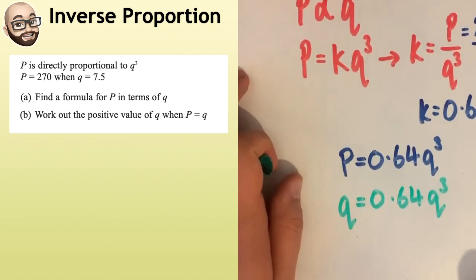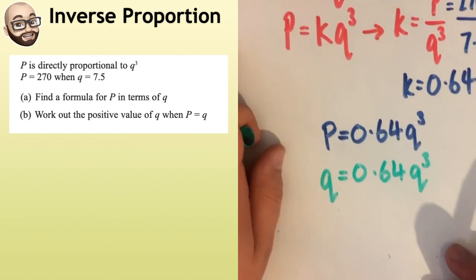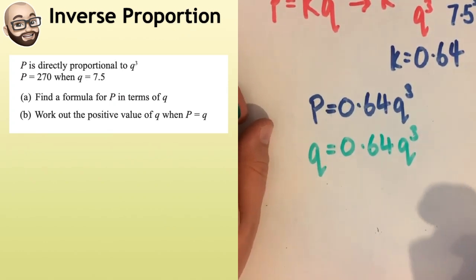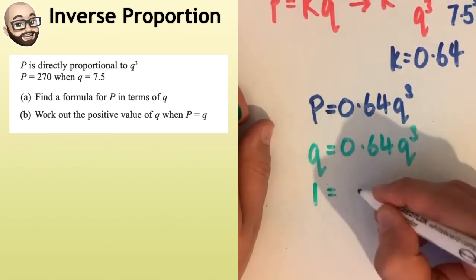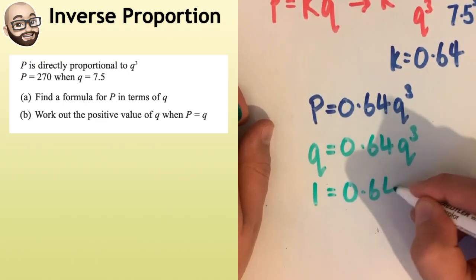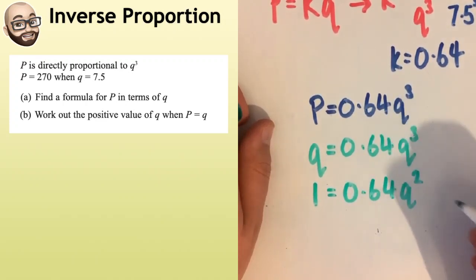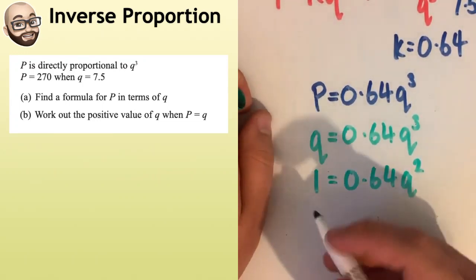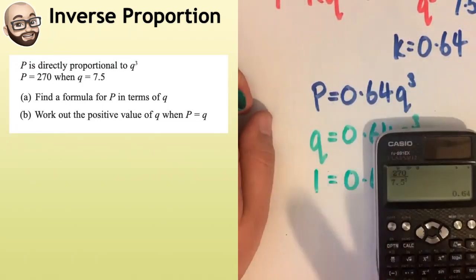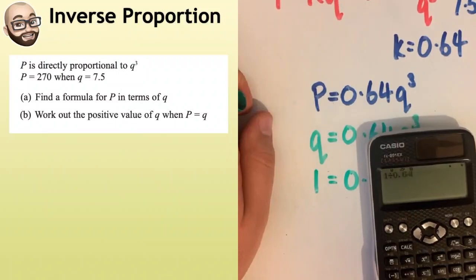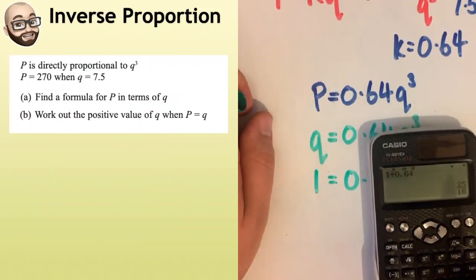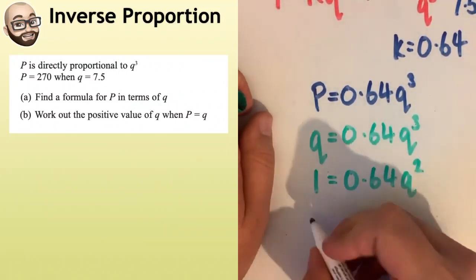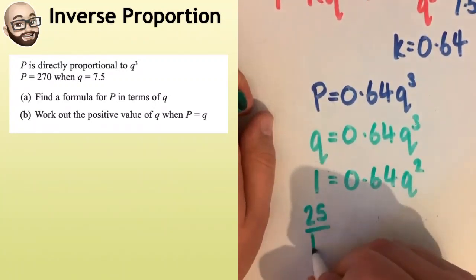What I'll do now is divide both sides by Q. If I divide both sides by Q, we get 1 equals 0.64 Q squared. Now if we divide both sides by 0.64, let's see what happens if I do 1 divided by 0.64. I get 25 over 16. I'm going to write that as a fraction because it's going to be easier in a second.